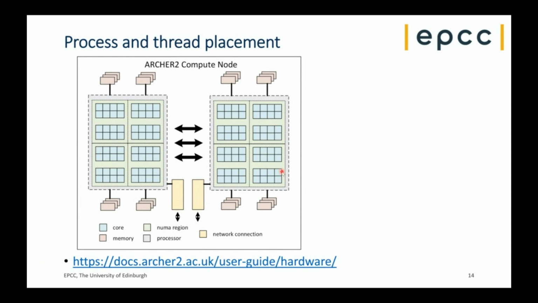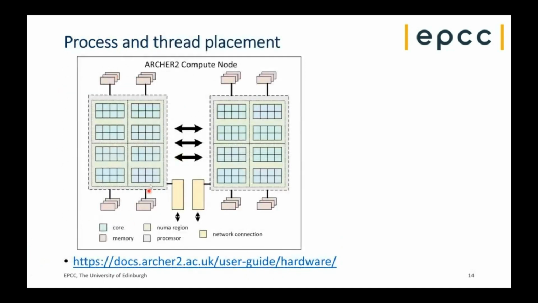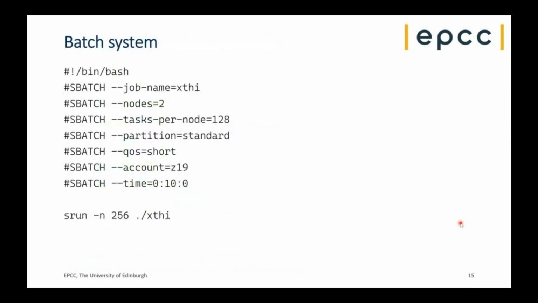And if I here said srun -n 128, even though I've asked for 2 nodes in my batch job, it would only ever use 1 node and it wouldn't go on to the second node. So that's a coarse example of the kind of inefficiency you could get. If I ask for 2 nodes, but I only run 128 things in this configuration, it would only ever use 1 node, and the other node would sit there doing nothing.